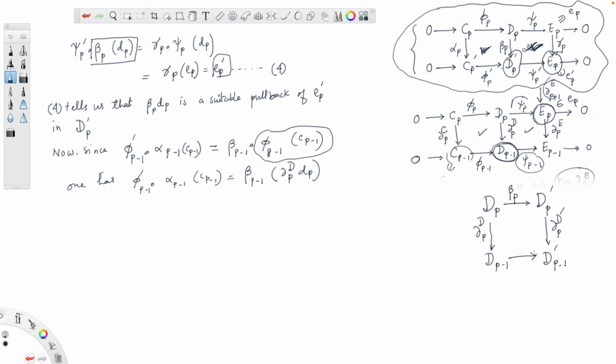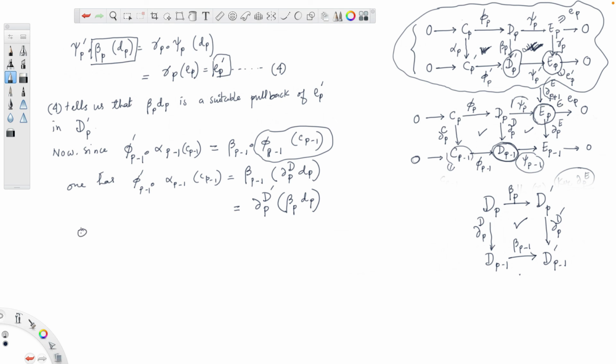The map that takes d_{p-1} to d prime_{p-1} is beta_{p-1}, right? This square commutes. So from the commutativity of this square, we arrive at del_p d prime composed with beta_p d_p. Okay, good.